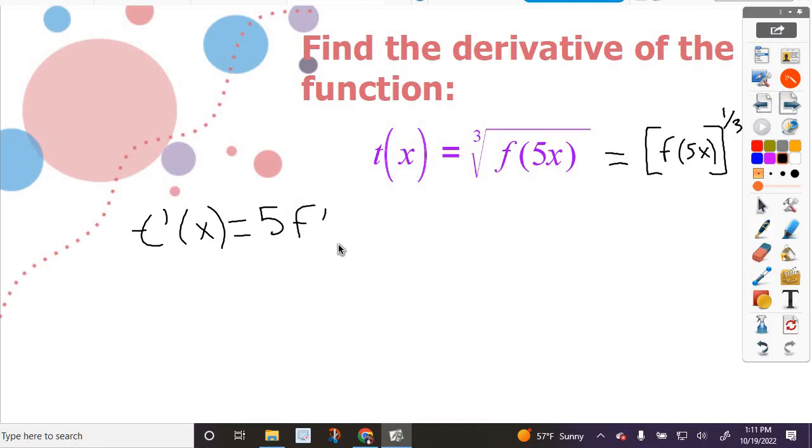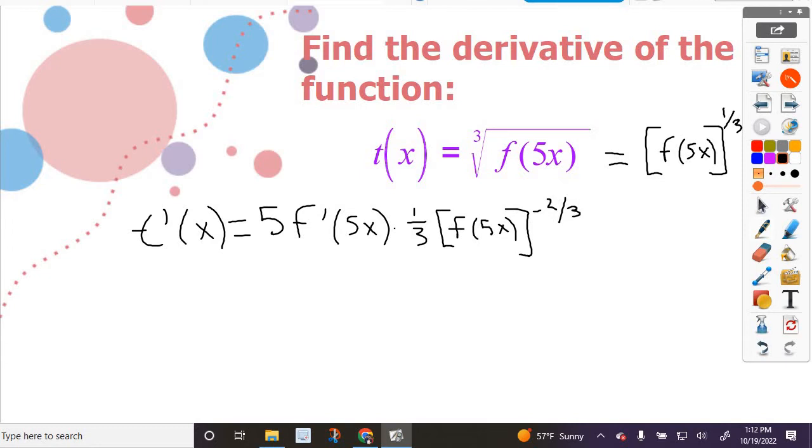We aren't given any additional information about that, so that's just what we write. Yes? And then we want to take the derivative of our outermost layer, which is stuff to the 1/3. So what's the derivative of that? 1/3 stuff, so f of 5x to the negative 2/3 power.